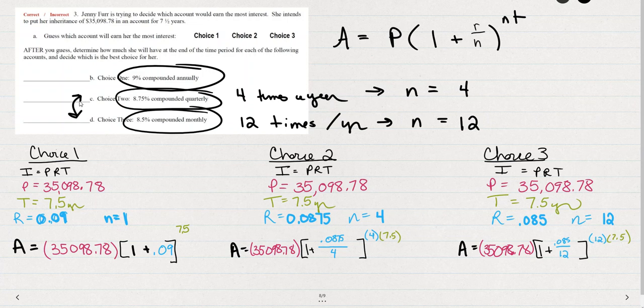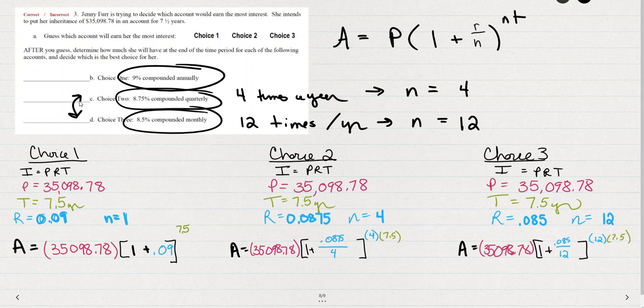So when we apply this formula to each of these three cases, you can see which one turns up the highest return. But before you do the math, make sure you make a guess. Think through which one you feel is going to be the highest, and then you can compare your results when you're done.